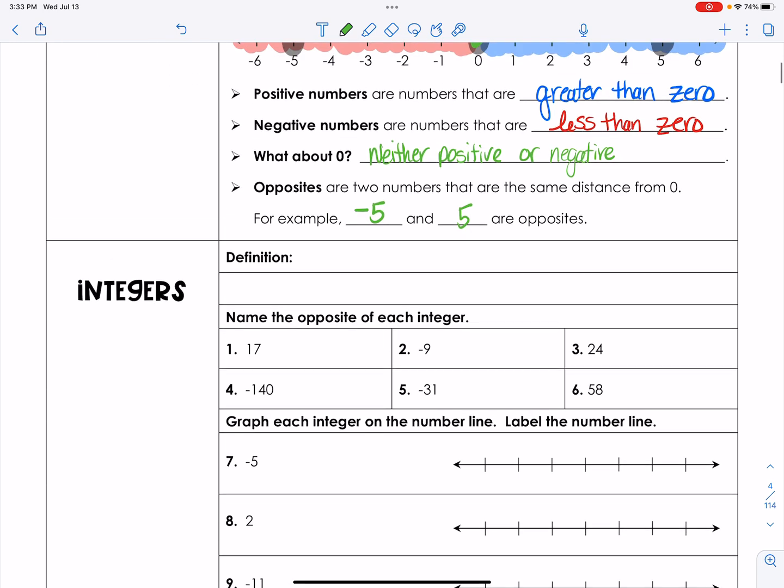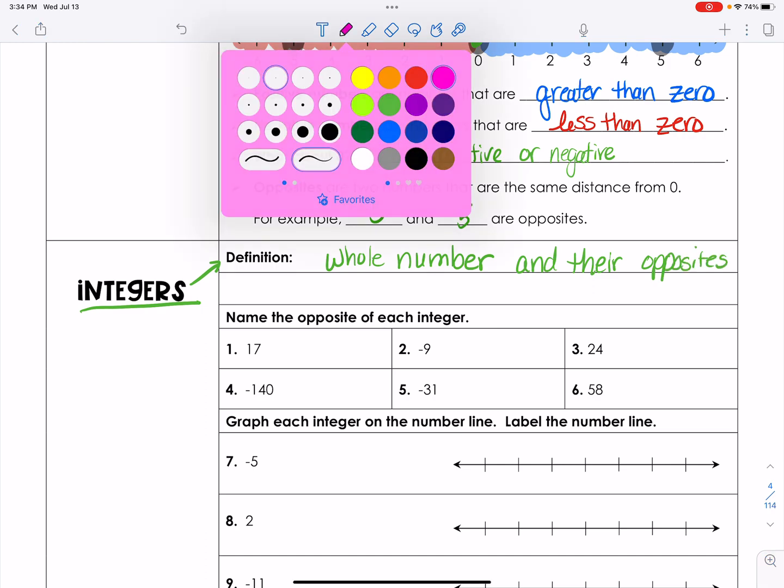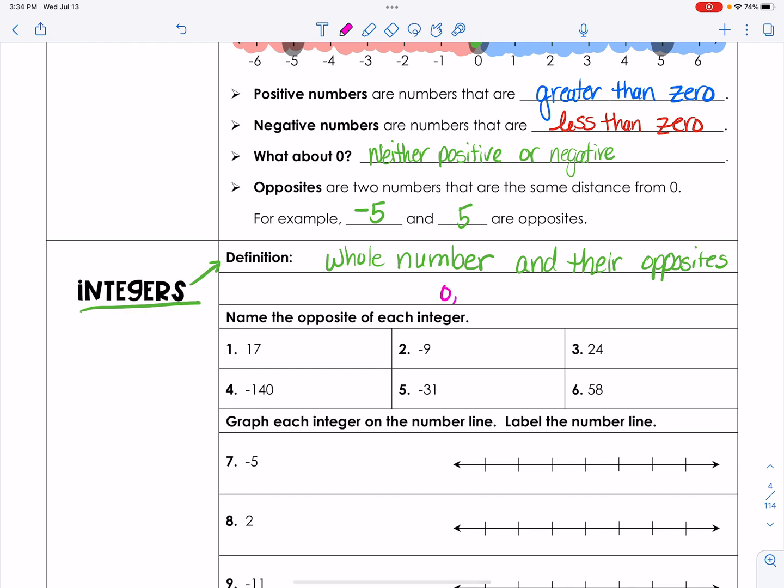So integers. The definition of an integer is a whole number and their opposites. Whole numbers start with 0, and it's 1, 2, 3, 4, and so on.